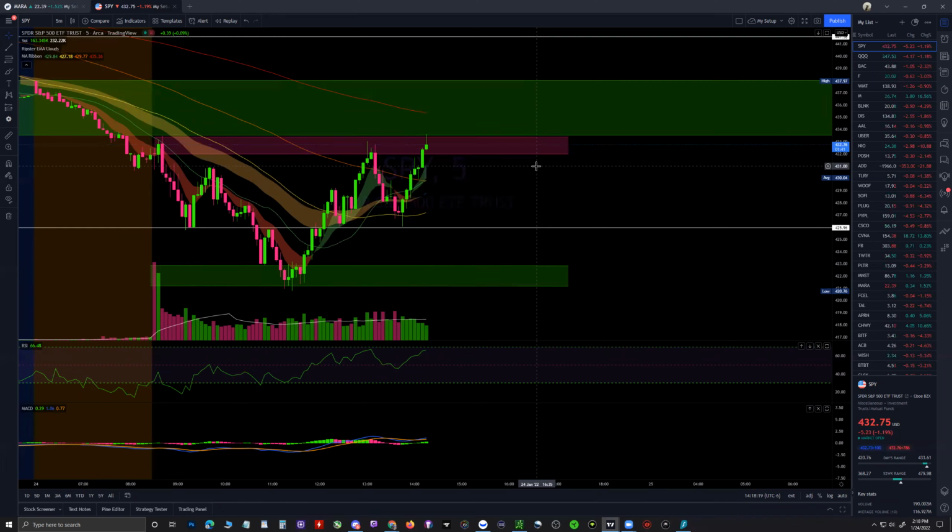Okay, I'm back. All right, so let's see what's happening here. Are we rejecting? It looks like we might be rejecting. It tried to push outside of the supply zone, but it doesn't look like it was able to, and it might be rejecting here.